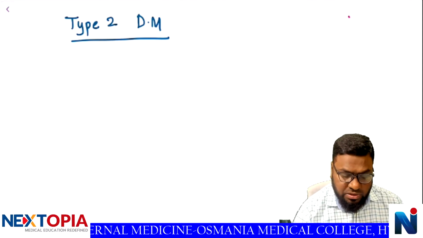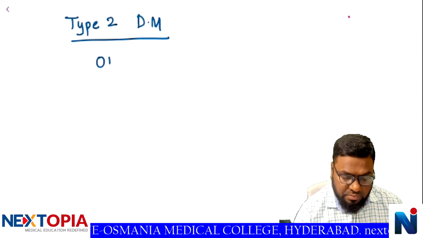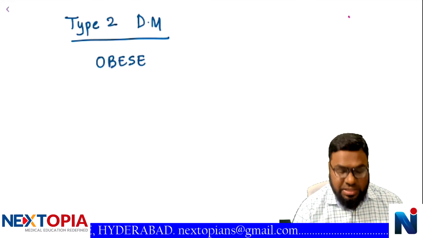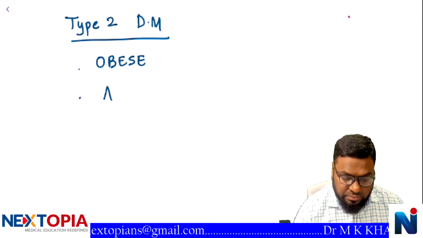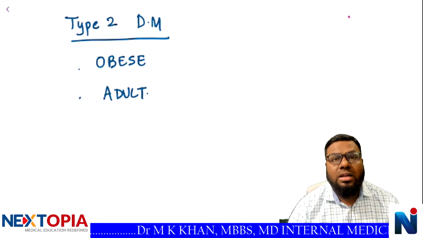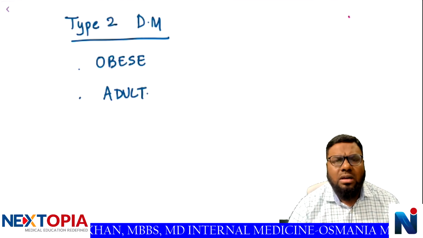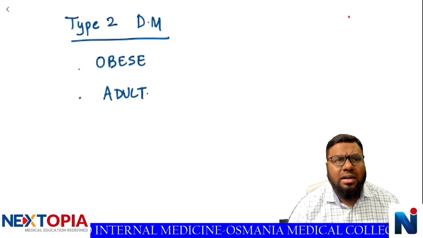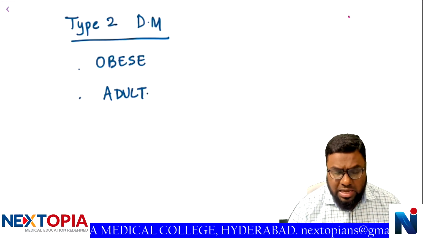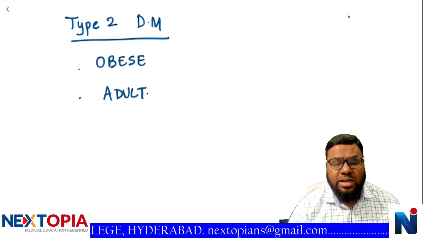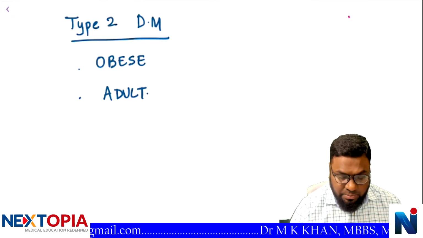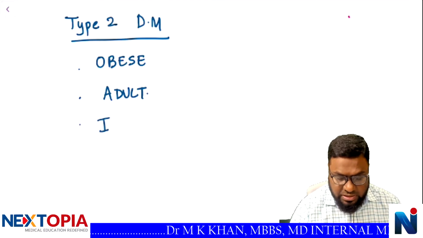Usually the patient is obese. Usually the patient is an adult, that is middle aged or slightly older, not always older, but younger adult patients are also developing diabetes these days because of various lifestyle changes. We'll discuss that. Type 2 diabetes is characterized by insulin resistance.